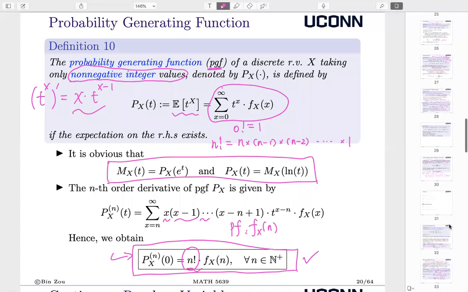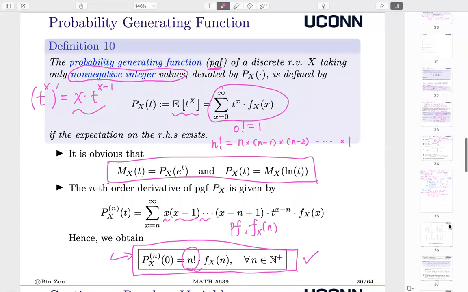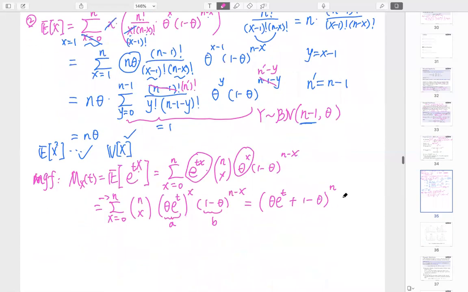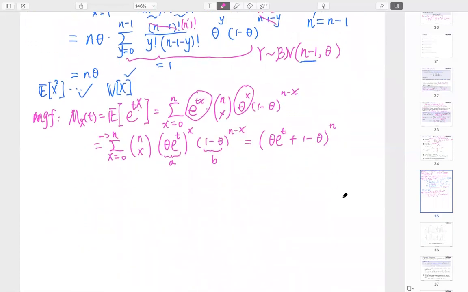Now let's go back to the formula here. Let me differentiate once. You need to differentiate at general t first. After you obtain the first derivative, you then plug in 0 for t.